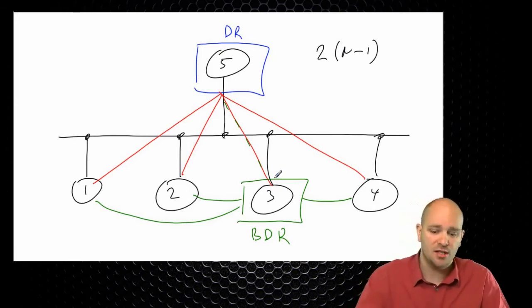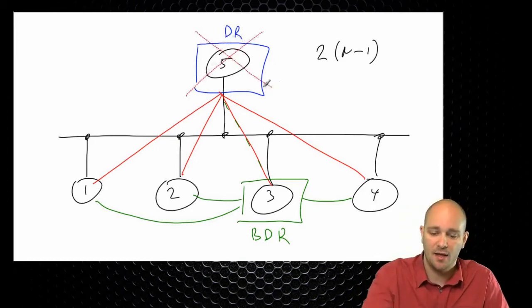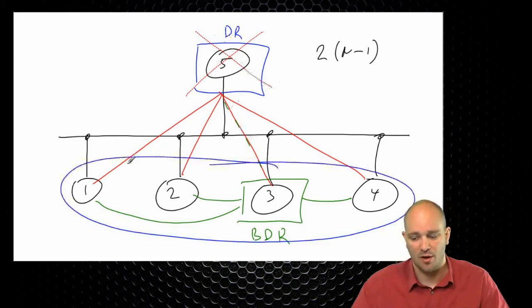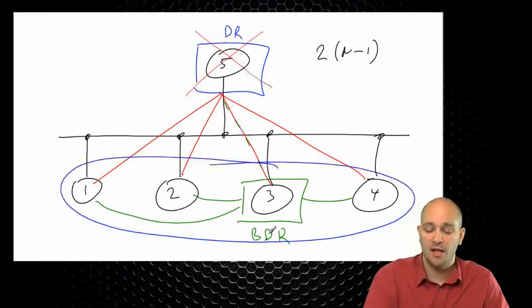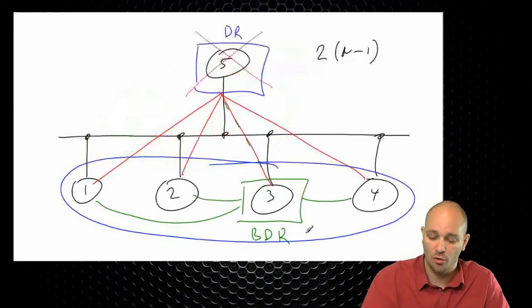Now, the reason here is that if this router here was to unexpectedly die, we are still going to have the information exchange available through our backup designated router. Now, what the BDR is not going to do is this stuff here, the secondary role. There is no secondary role for the BDR.